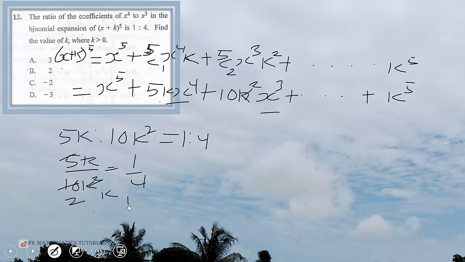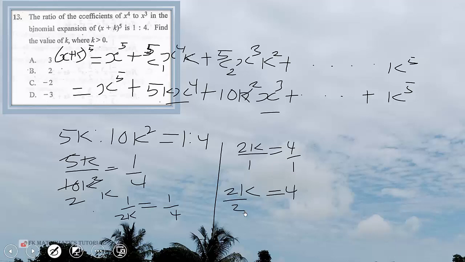So we have 1 over 2k is equal to 1/4. So when we reciprocate both sides, we will get 2k over 1 is equal to 4 over 1. So dividing through by 2, we will get k is therefore equal to 2.